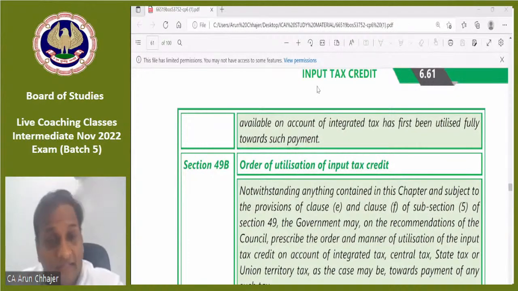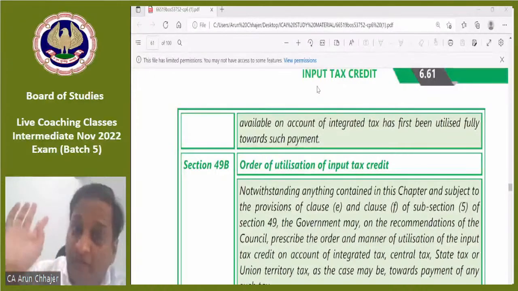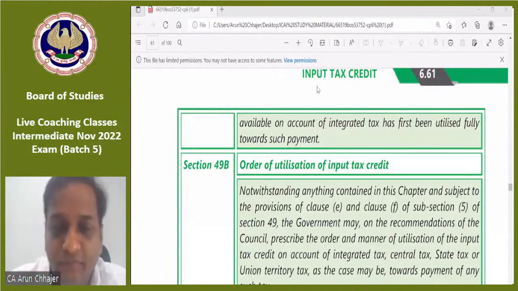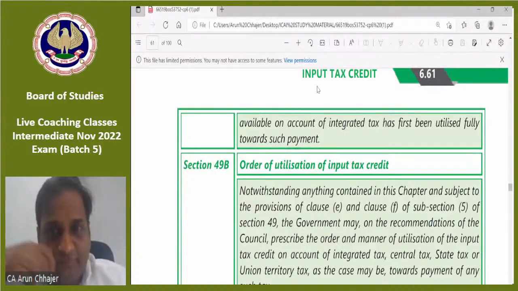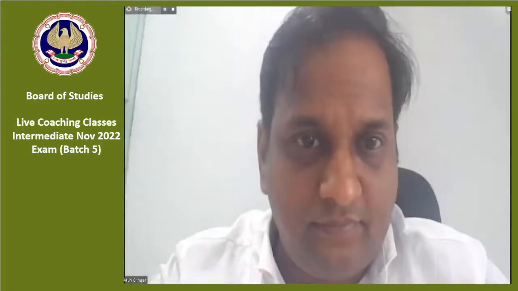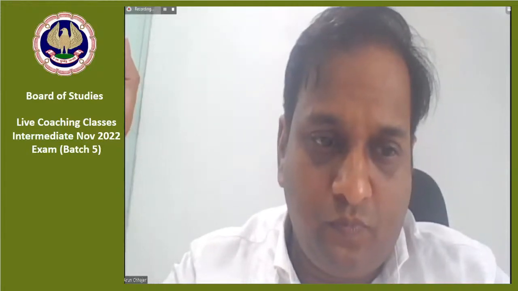Currently, we are discussing theory. We will discuss practically also. First, confirm that from the law perspective, is it okay? From the law perspective, is it okay?